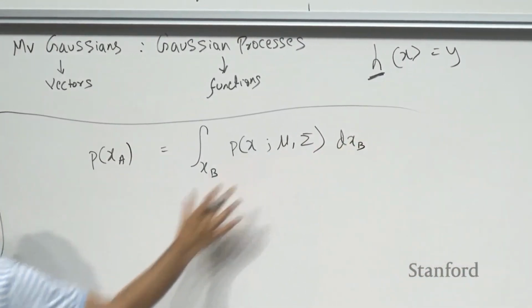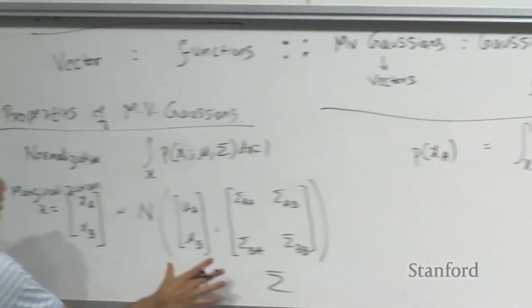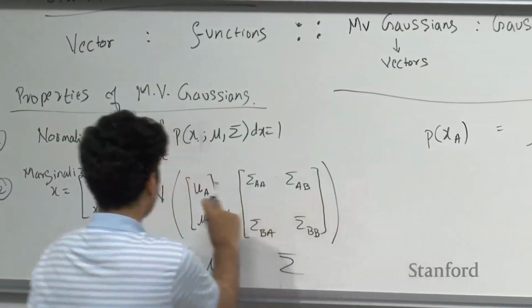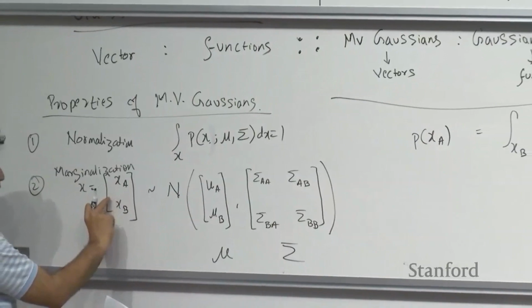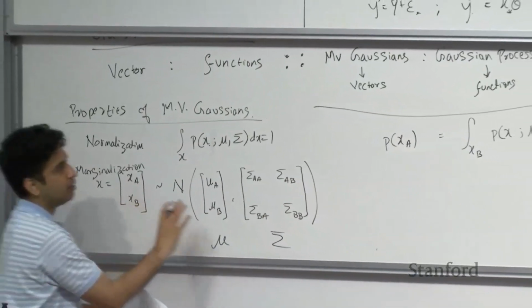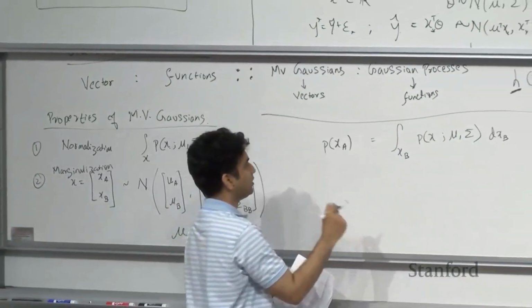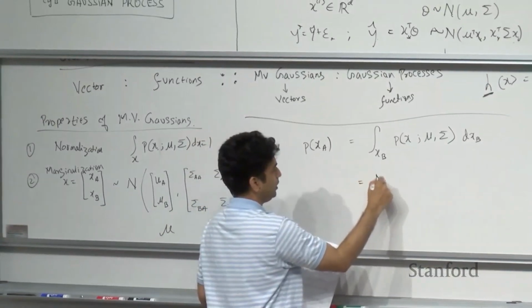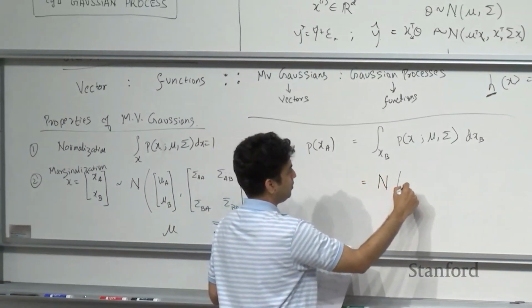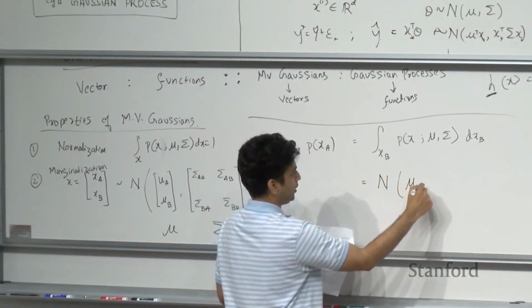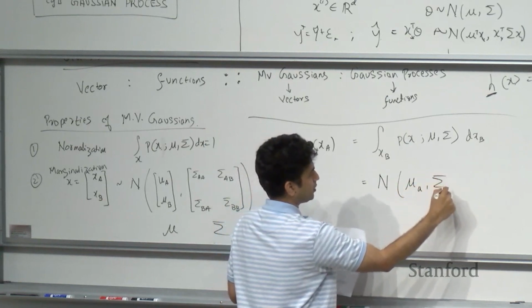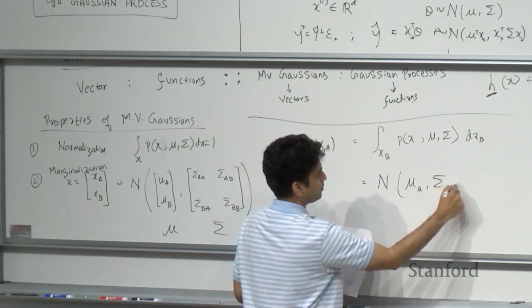So you take the full probability distribution and you integrate out only a few components, integrate out just x_b, and you get P of x_a, and P of x_a will be normal with mean mu_a and covariance sigma_aa.